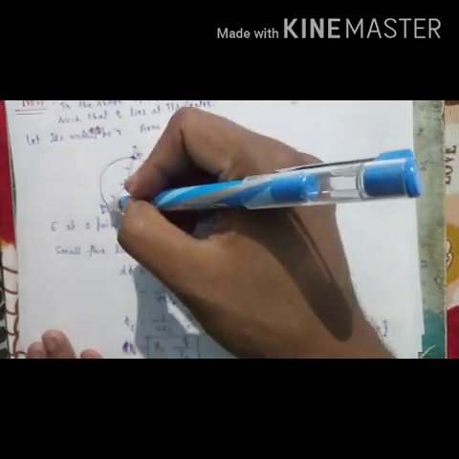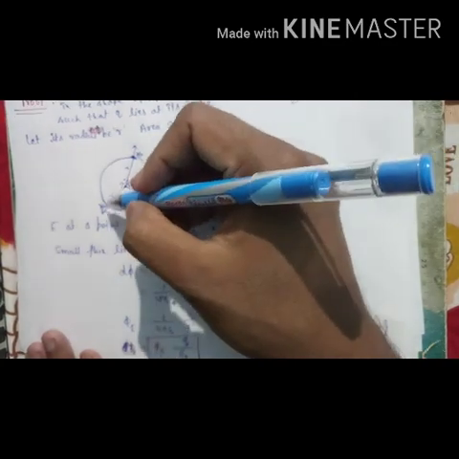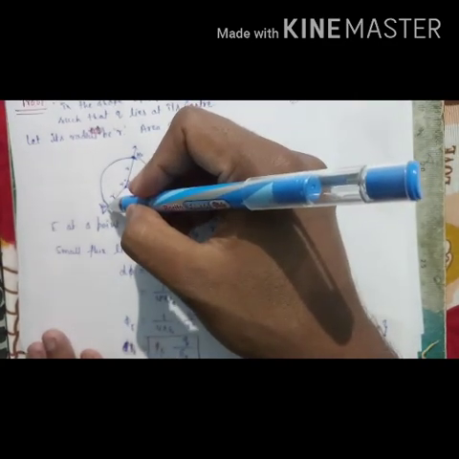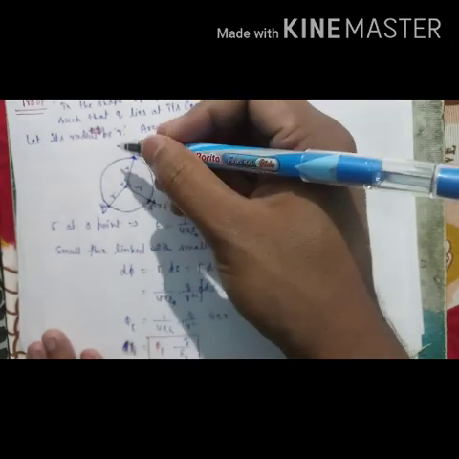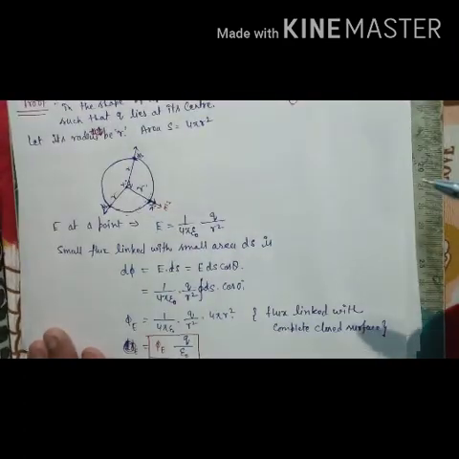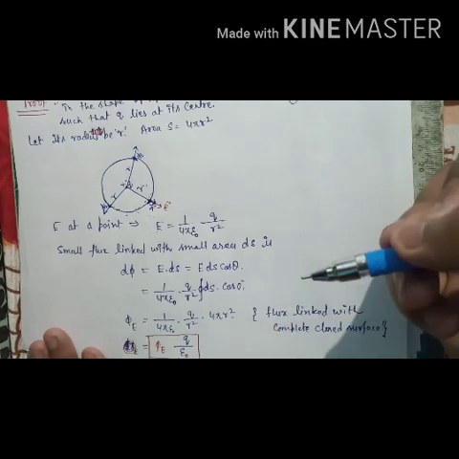When we integrate all ds, or sum up all these ds, we get the surface area, and we know that the surface area of a sphere is 4 pi r square.